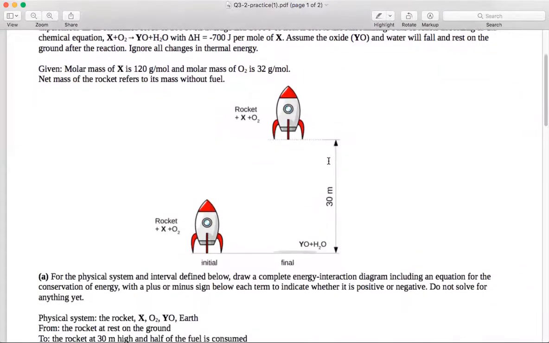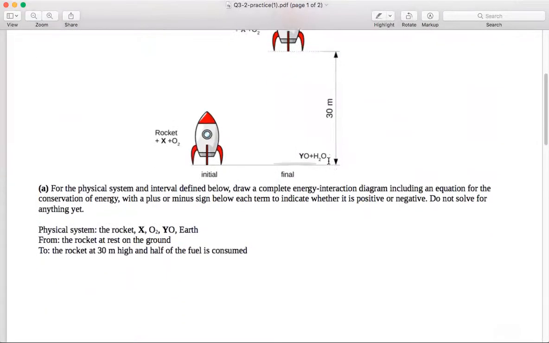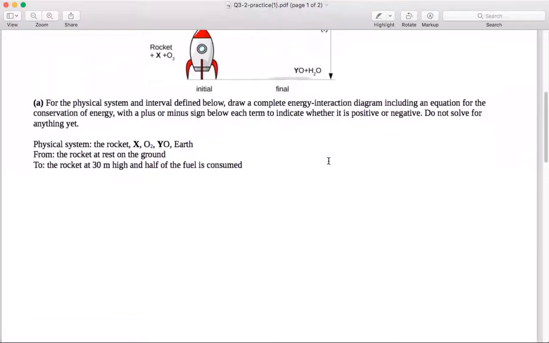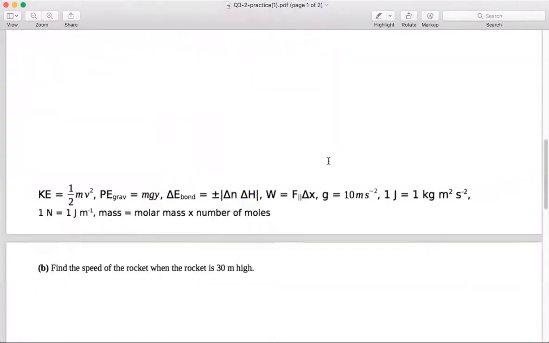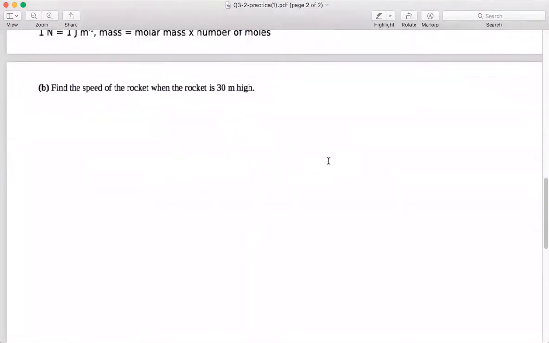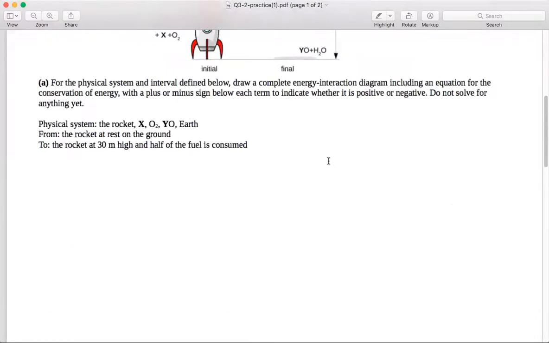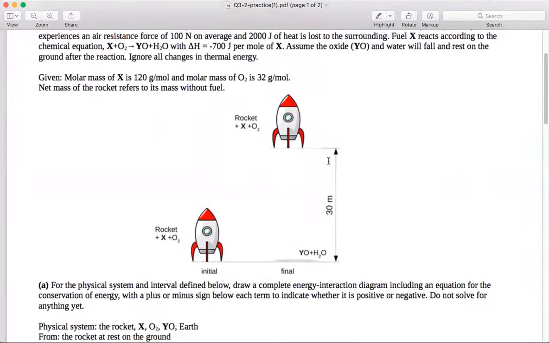And what are we actually trying to find here? Looks like we want to know the speed, right? So let's start by drawing out initial and final situations.